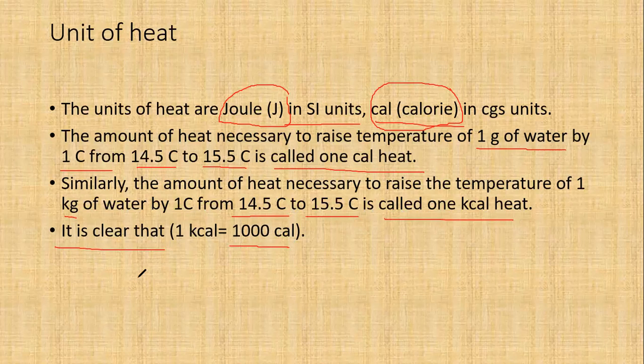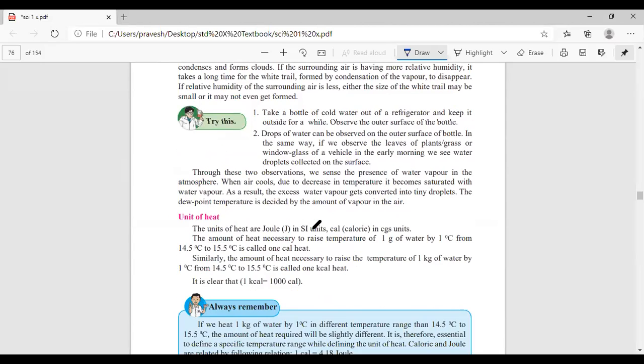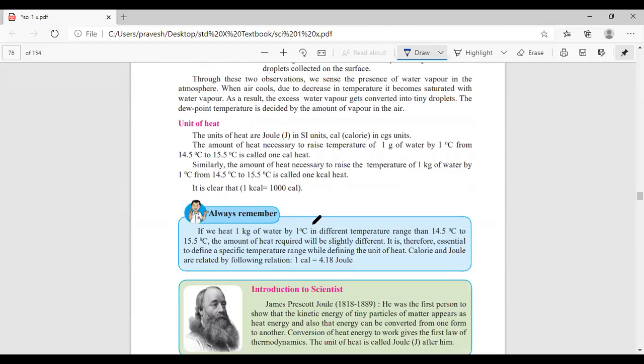For 1 calorie we use 4.18 joule. Whenever you have to solve sums using calories, you have to convert the calories into joule, using the value 4.18 joule. It is clear? Yes, sir.